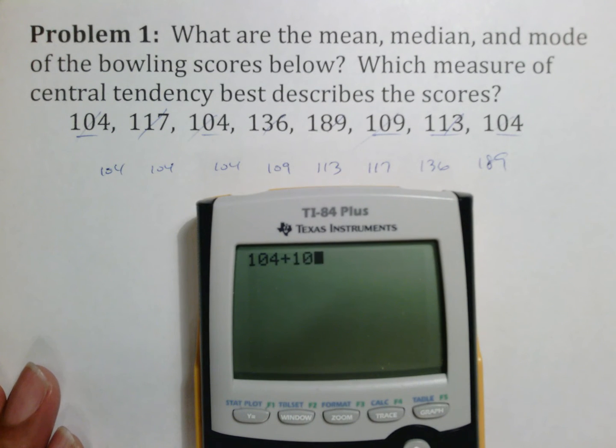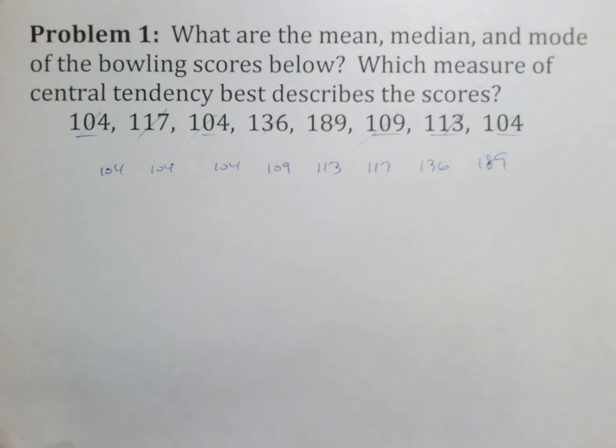For the mean, you add them all up: 104 plus 104 plus 104 plus 109, 113, 117, 136, and 189 equals.